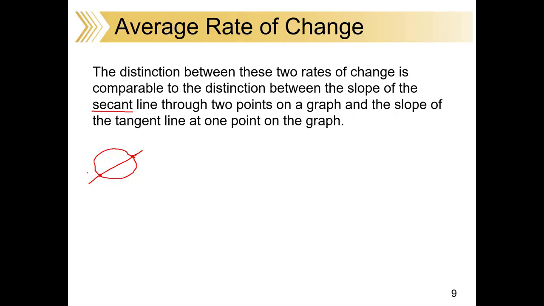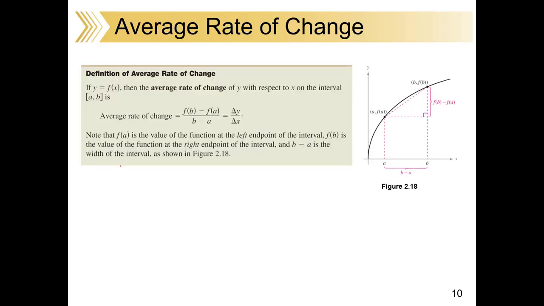The actual tangent line at that point, let's take this point over here, the tangent line of this point would tell you what the slope is at that exact point, which would be a little bit different from if we went through that point and another one creating a secant. This slope would not be the same as the slope of that line. The tangent line will give you an instantaneous slope. The secant line will give you an average slope.